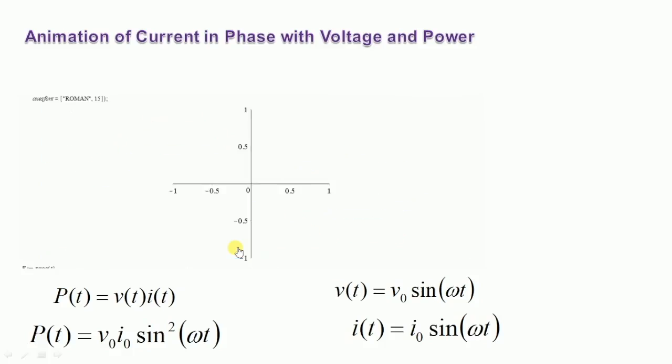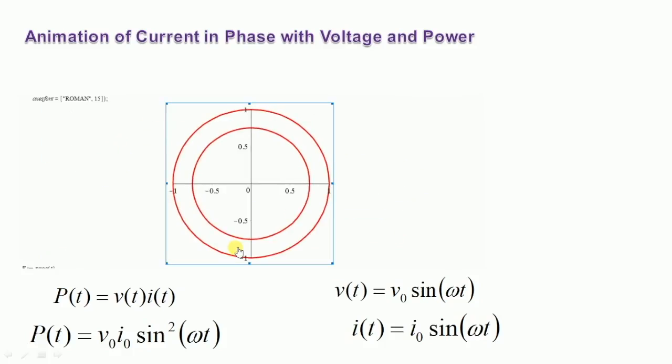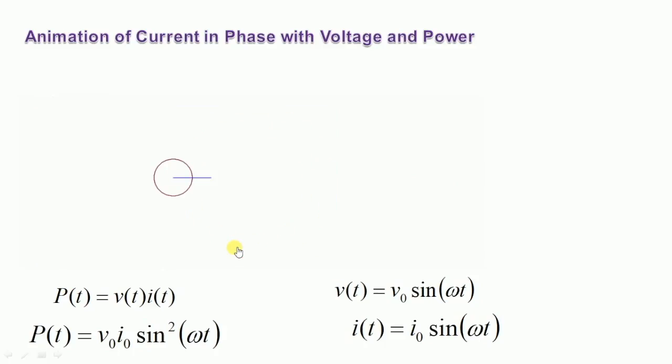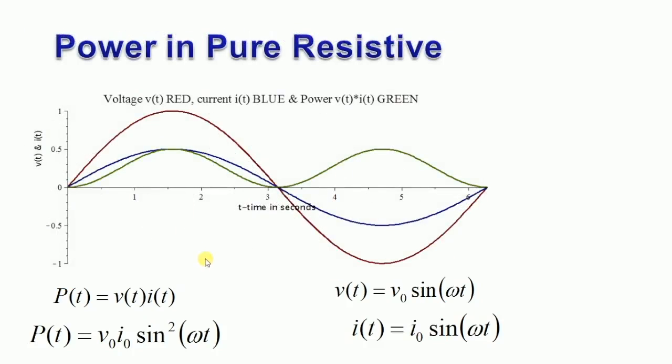So power delivered is positive. So here a pair of circles are being described, and they are in phase. One corresponds to voltage and another corresponds to time. So here I just want to highlight a point that voltage describes one complete cycle, current describes one complete cycle, and power describes two cycles. So later on we are going to encounter twice omega in the equations of power.